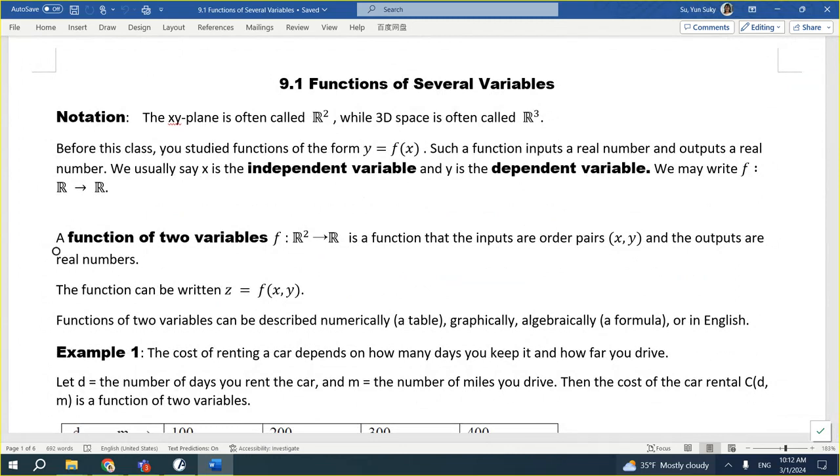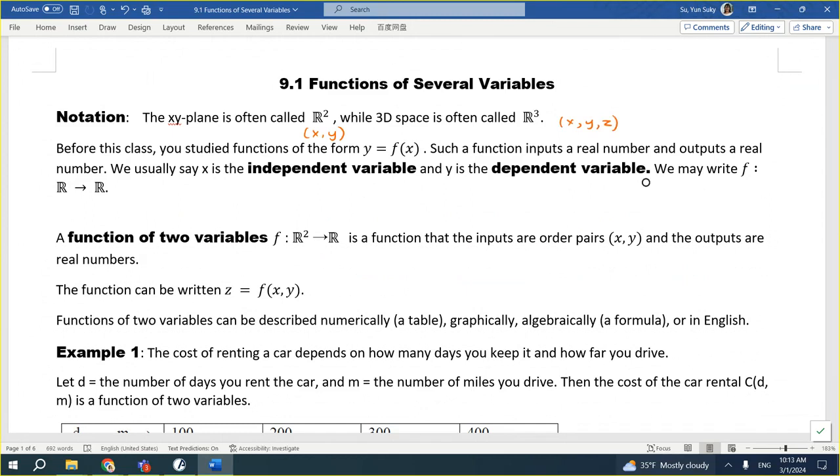Now count 2, functions of several variables. The xy plane is often called R2 because the coordinates are x and y, and they are real numbers. The 3-dimensional space is often called R3 because now you have x, y, and z coordinates.